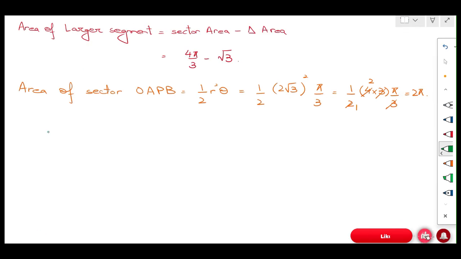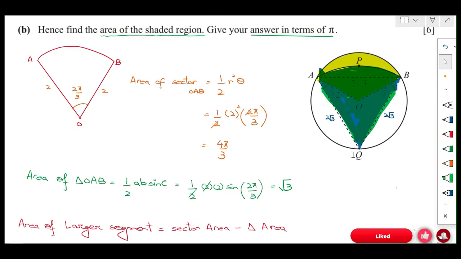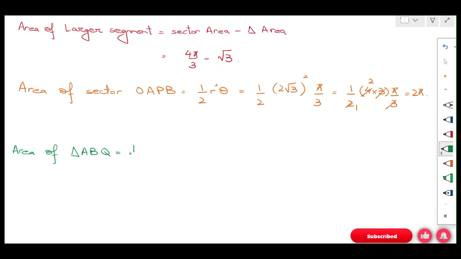Area of triangle ABQ, we know that it is an equilateral triangle, so its area is half. The two sides are 2 root 3 into 2 root 3, and the sine of the angle between the sides is pi by 3.